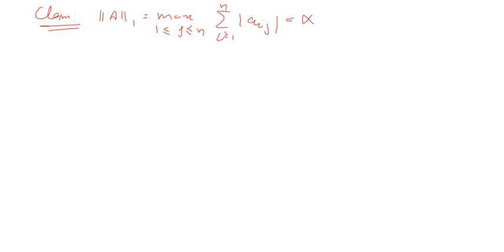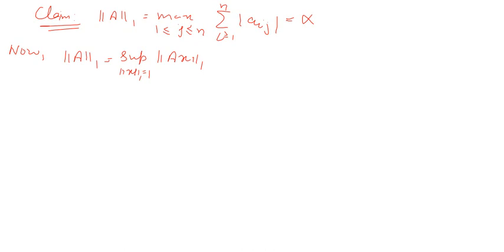Now look at the definition of norm A1. The one norm, if you recall, is the supremum of norm of AX1 with norm of X1 equal to 1.